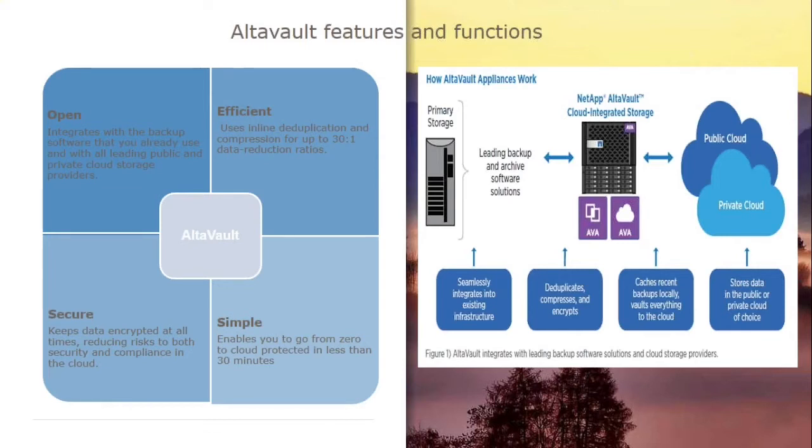Secure: it keeps your data encrypted at all times, either at rest or in transit. Simple: AltaVault enables you to set up from scratch to cloud protected in less than 30 minutes, and even restoring an entire site's data will take approximately the same amount of time.